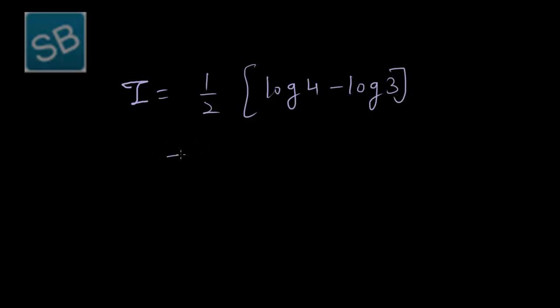That is, we get I is equal to half log 4 minus log 3. That is half log of 4 over 3. So that is our integral of x dx over x square plus 1 into x square plus 2.